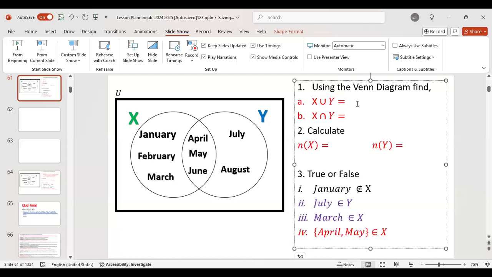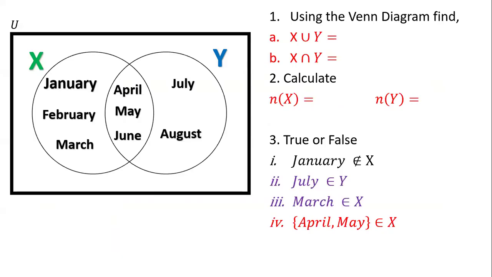The first question is we want to figure out the union of the two sets. Gina, can you hear me? Yes, sir. Good. I want to figure out the union of X and Y. What is the union of X and Y?